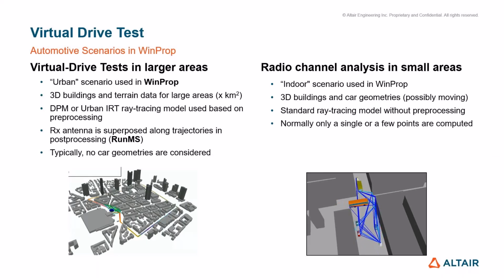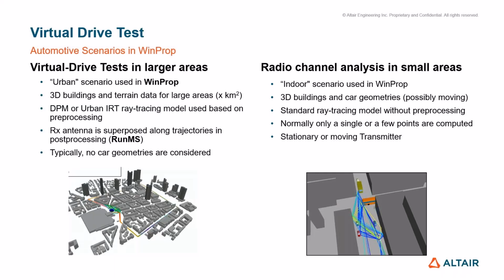Usually in these cases, we are not interested in big area coverage, but we are mainly interested in some points in the simulation space, such as it can be related to the radar of the car and so on. So in these cases, we have fewer points that are computed.